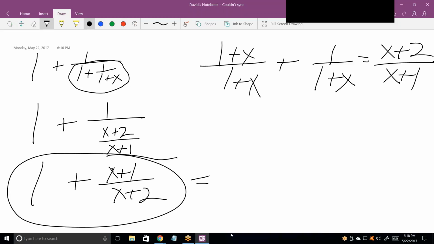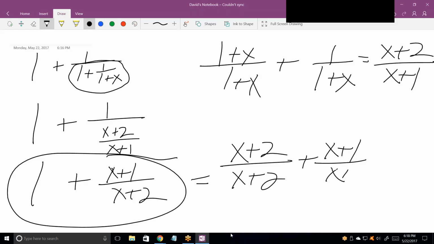So x plus 2 over x plus 2 plus x plus 1 over x plus 2 equals? 2x plus 3 over x plus 2. There's your answer.